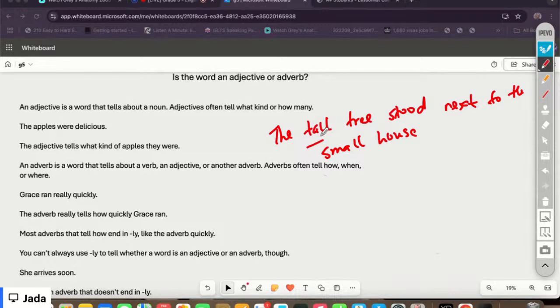Okay. The old creaky door opened slowly. Now, this slowly is an adverb, so we will get to that anyways. She wore a pretty dress to the party. We saw a big scary spider in the garden. All right, good. The delicious pizza was hot and cheesy. Okay, I have a red apple.